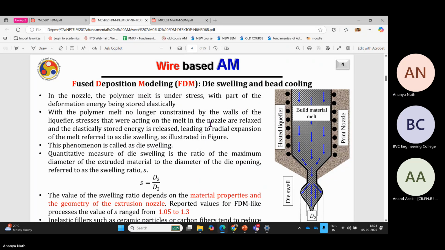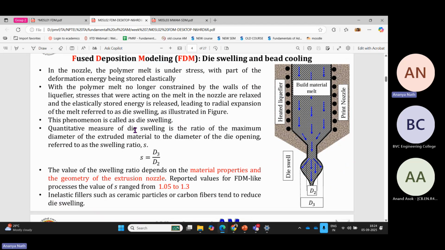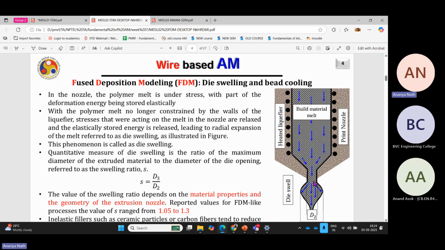Here we are going to talk about how you are printing from this. Here you can see there is a die swell. These D2, D3 are the diameters shown here.